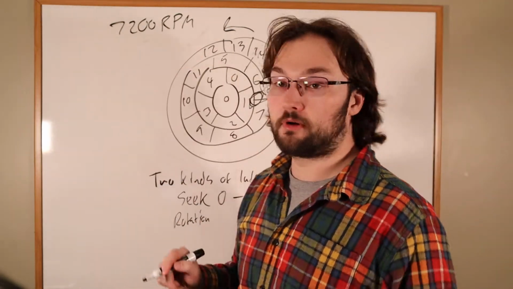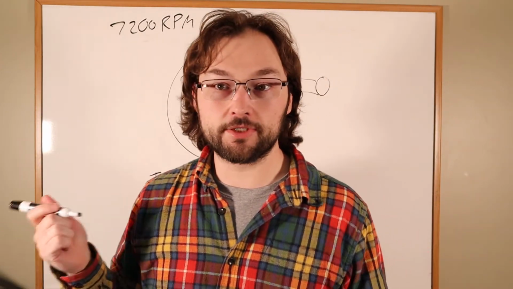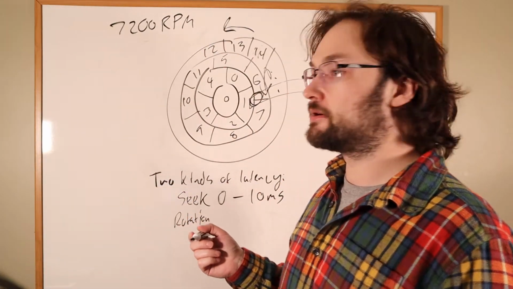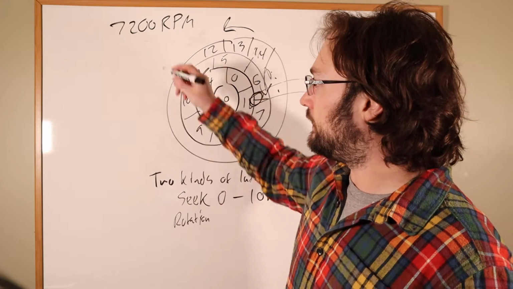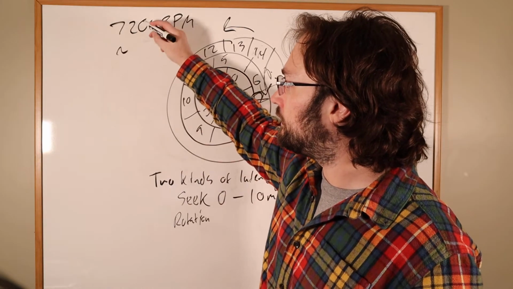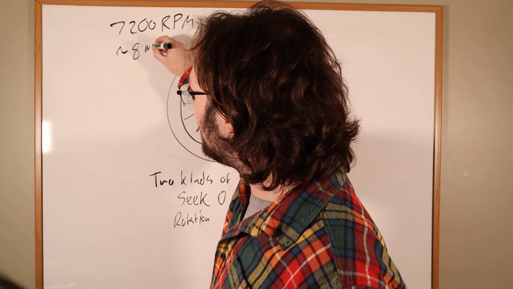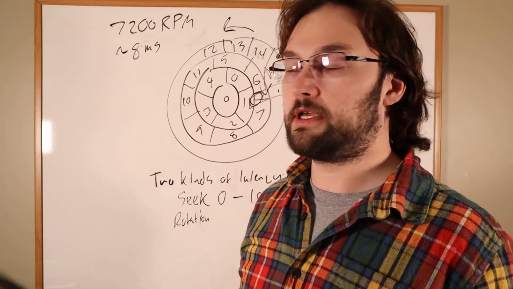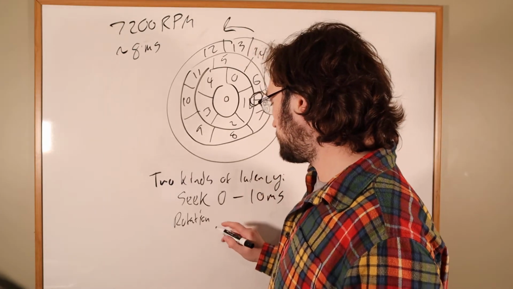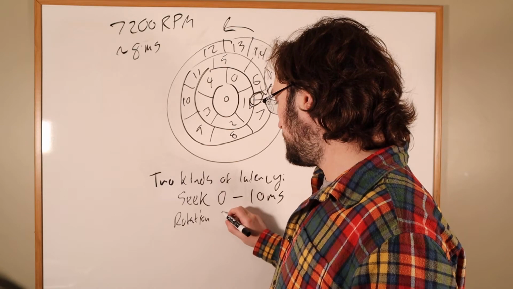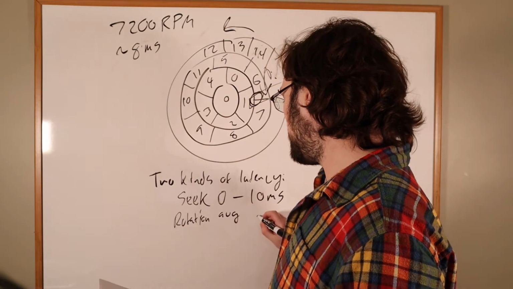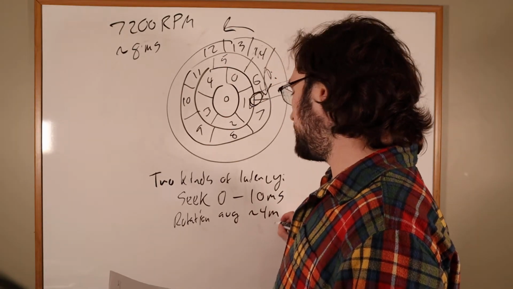But if we take 7,200 RPM and figure out how long it takes to do 1 rotation, it turns out that we're going to end up with something on the order of 8 milliseconds to do 1 rotation. And that means that our rotational latency is going to be, on average, like 4 milliseconds.